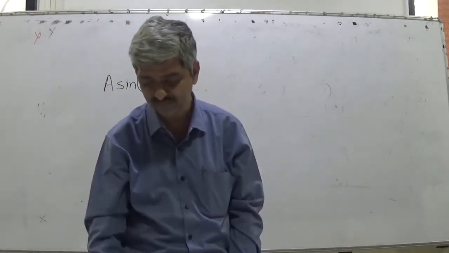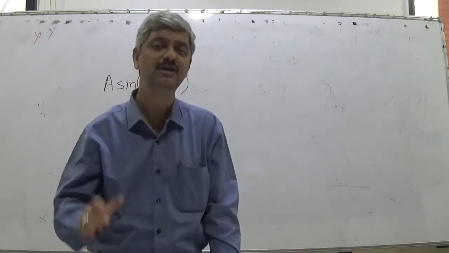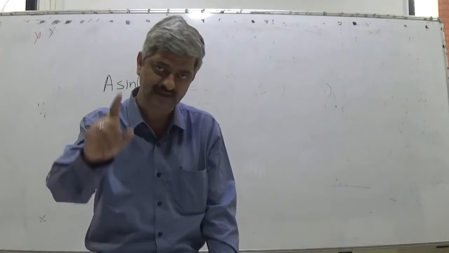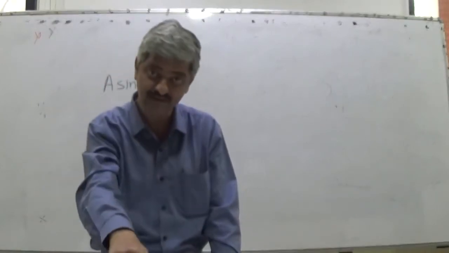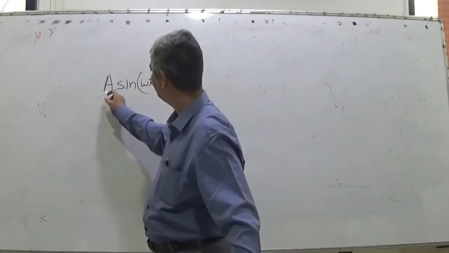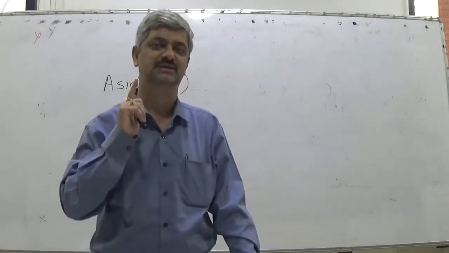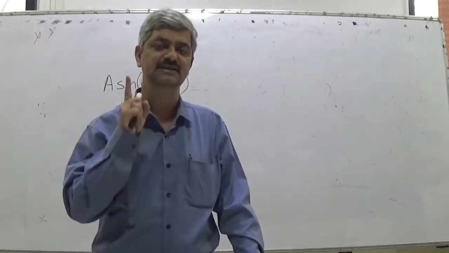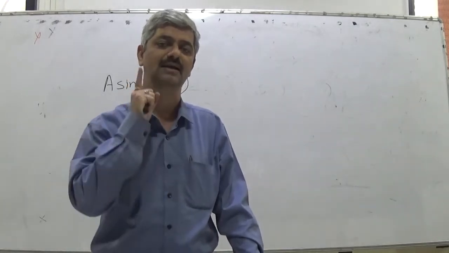So in general, when we say that we have a DC voltage source, we only have voltage, whereas when we have AC voltage source, the first thing is frequency, that is omega, and then amplitude and phase. So DC voltage source is described by voltage, whereas AC voltage source is described by frequency, amplitude and phase.